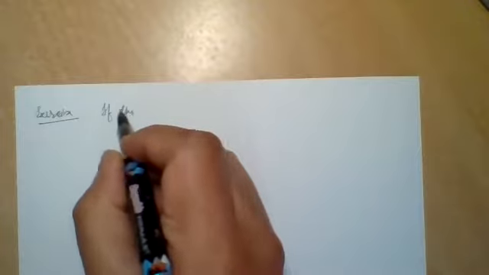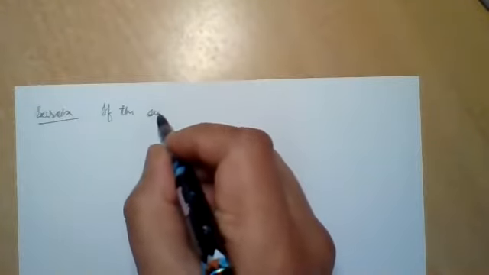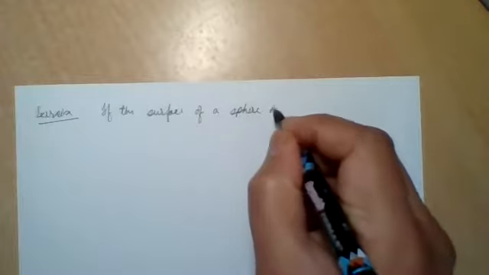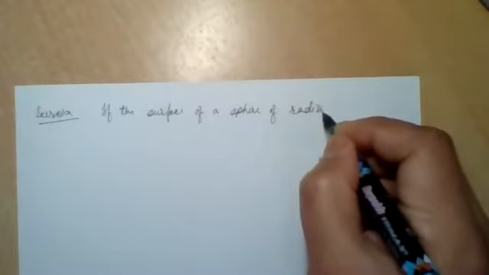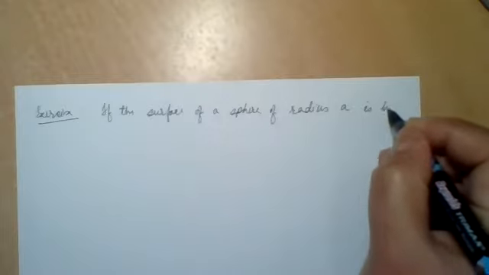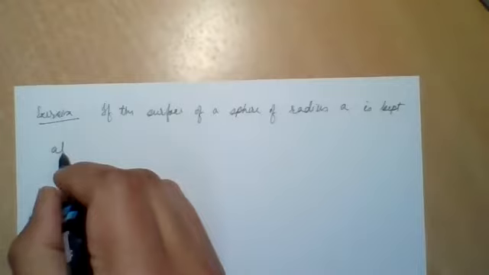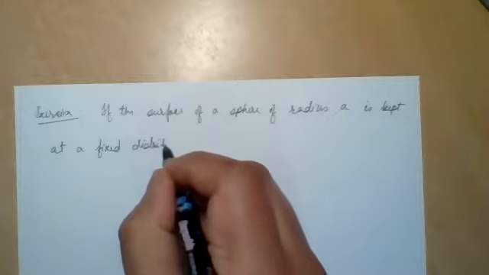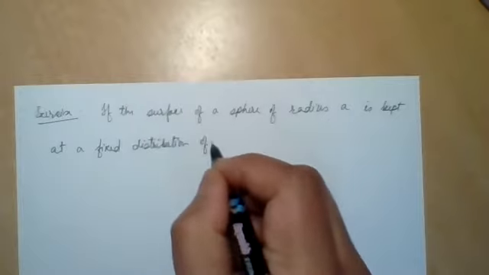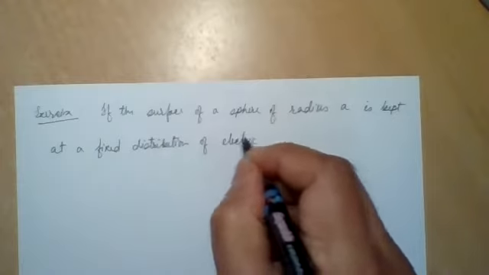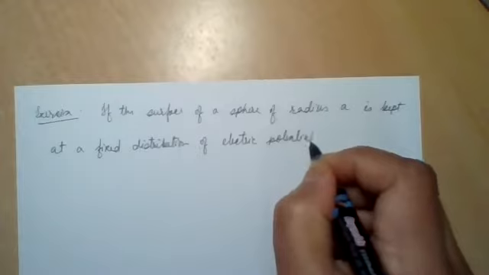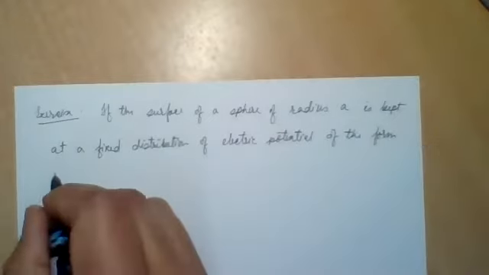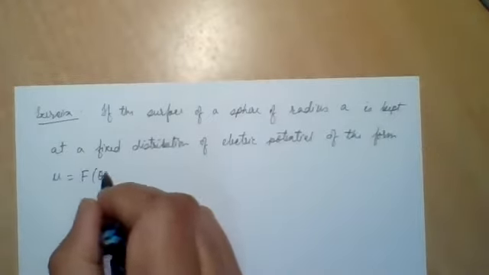Exercise. If the surface of a sphere of radius small a is kept at a fixed distribution of electric potential of the form U equal to capital F of theta.